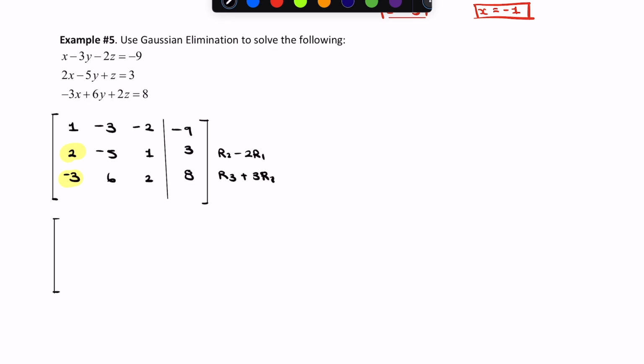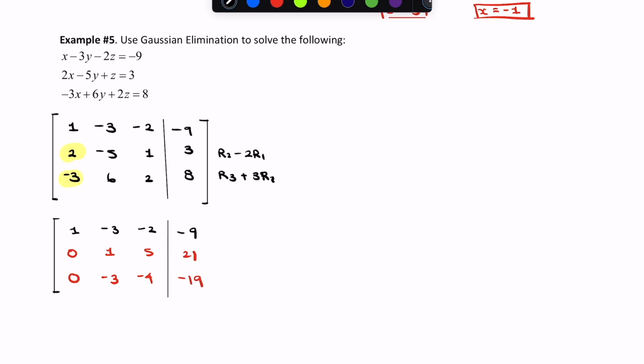And so here we have 1, -3, -2, and -9. Now these two values are 0. These values would be -1, -3, 5, -4, and then 21 and -19.